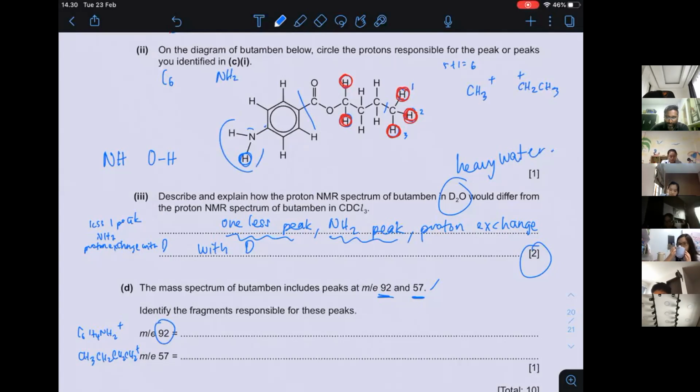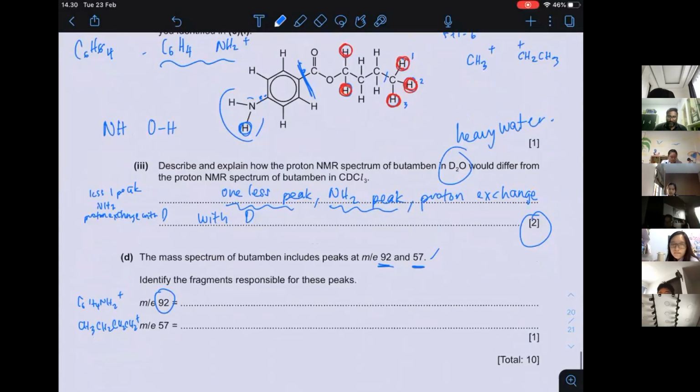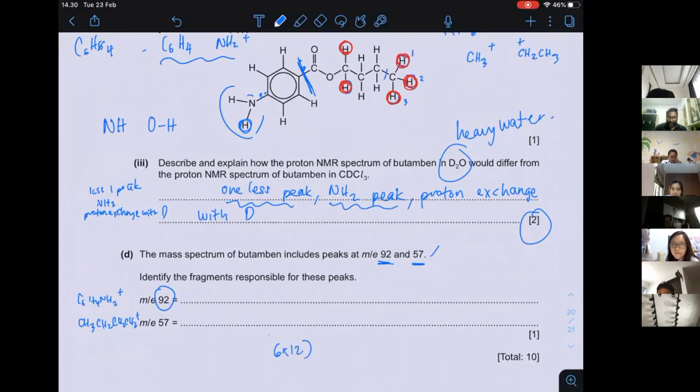One of the hydrogens will be gone, because C6H6, if it is substituted here, becomes C6H4 and NH2, then I break over here, so it is supposed to be plus. See what you get: C6H4 and NH2. So 6 times 12, you can use your calculator, plus 4, plus 14, plus 2.